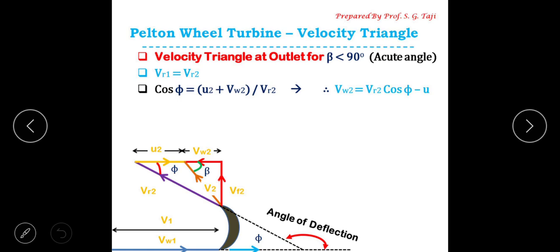Vr1 is equal to Vr2, cos phi is equal to (U2 plus Vw2) upon Vr2, which implies Vw2, the whirl velocity at outlet, is equal to Vr2 cos phi minus U. U is known, Vr2 you can calculate, phi is known, therefore Vw2 you can calculate. Among these four parameters here, if Vw2 is known, then you are required to find out the other parameter, depending upon how the data is given in the numerical problem.